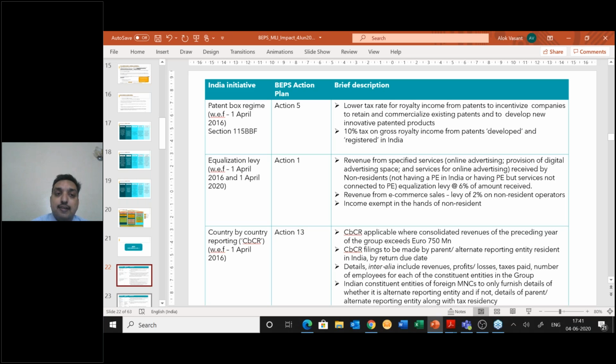Unlike the earlier equalization levy, where the levy was to be deducted by the payer, here the levy is to be paid by the non-resident e-commerce operator. So the Indian customer doesn't deduct that.